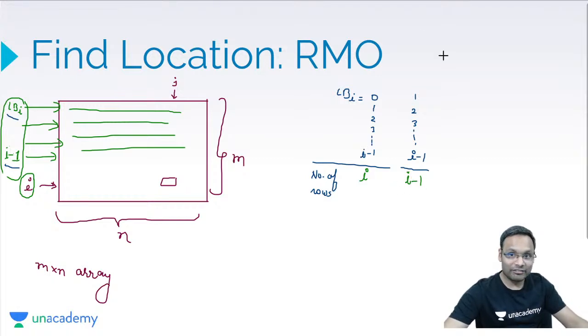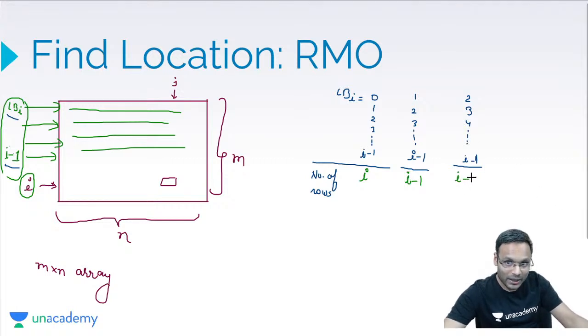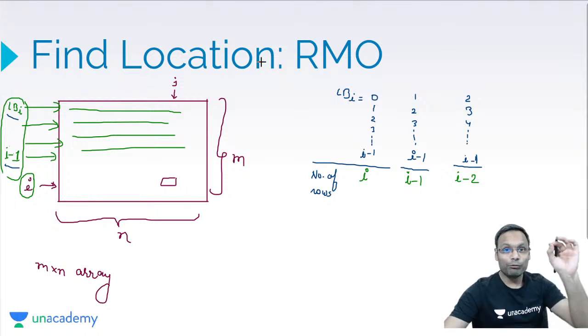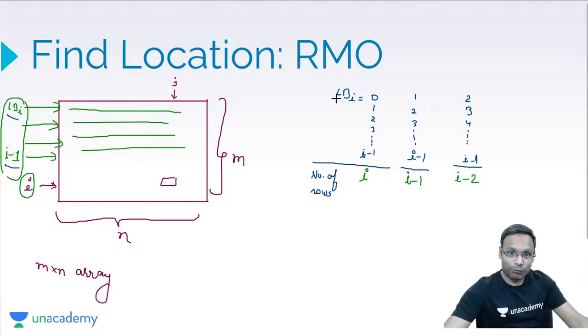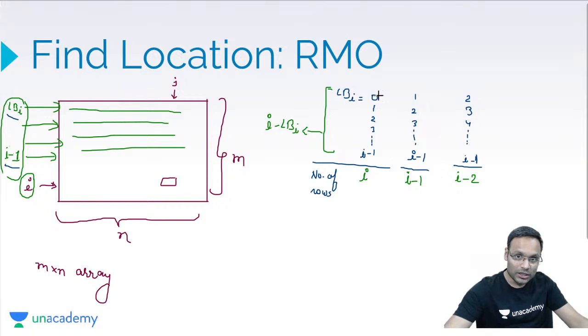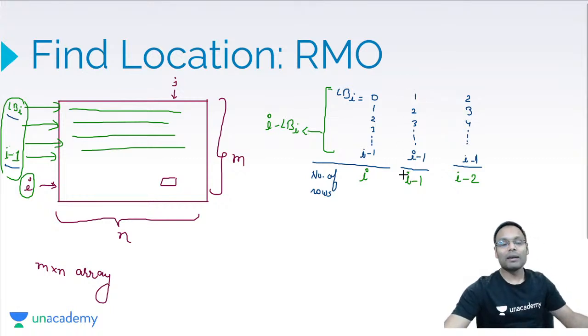If you have a lower bound starting from, let's say, 2, 3, 4 up to i minus 1, the total number of rows from 2 to i minus 1 is i minus 2. In a generalized manner, from lower bound of i to i minus 1, the total number of rows will be i minus lower bound of i. If the lower bound of i starts from 0, 0 to i minus 1, there are i minus 0 rows. If the lower bound of i is 1, 1 to i minus 1, a total of i minus 1 rows are there.